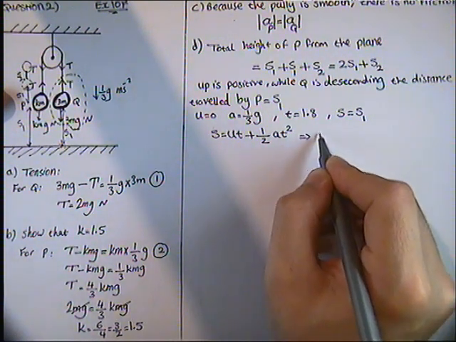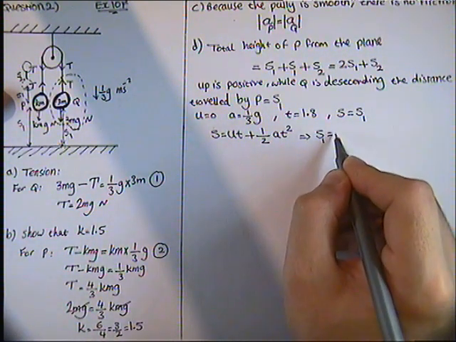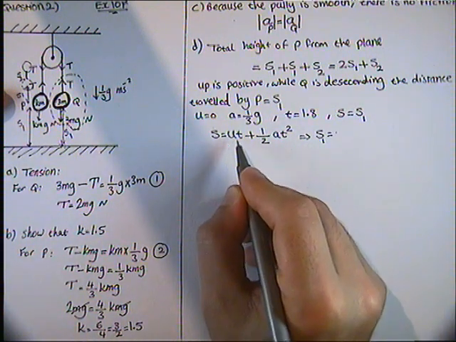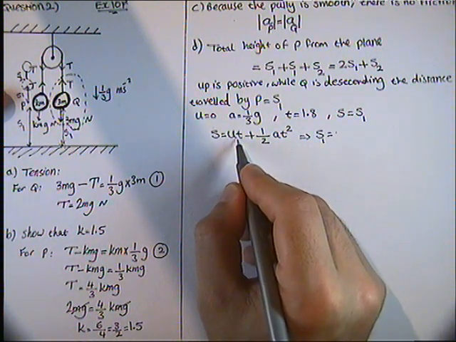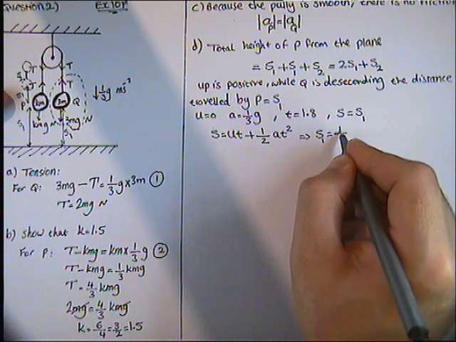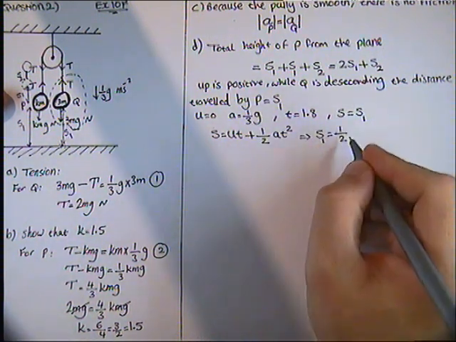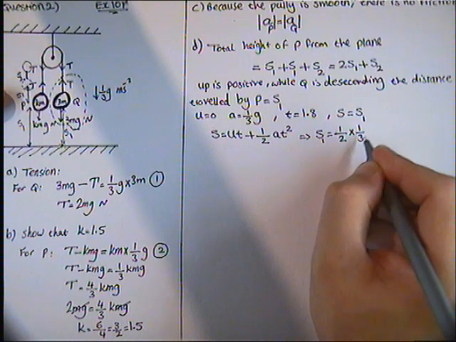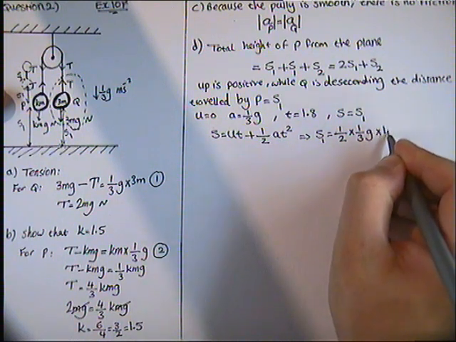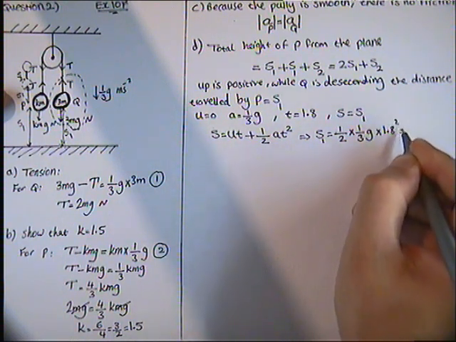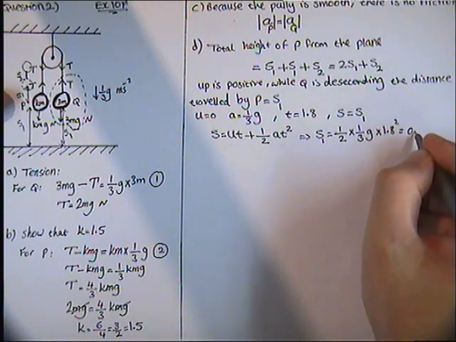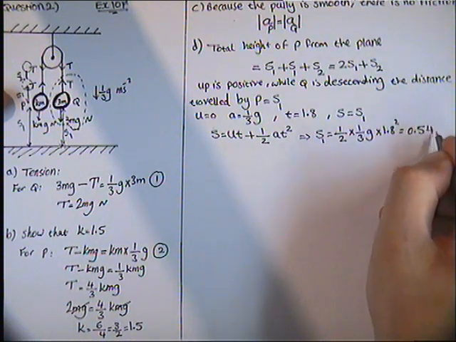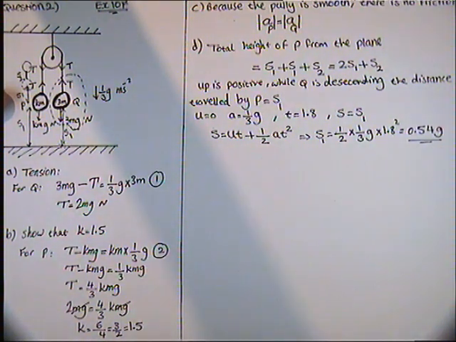And therefore, s1 is equal to, u is 0, therefore whatever t is, it will make it 0. 0 plus half a t squared, which is equal to 0.54 g, either in meter or centimeter or any unit, which is not given here. That's one.